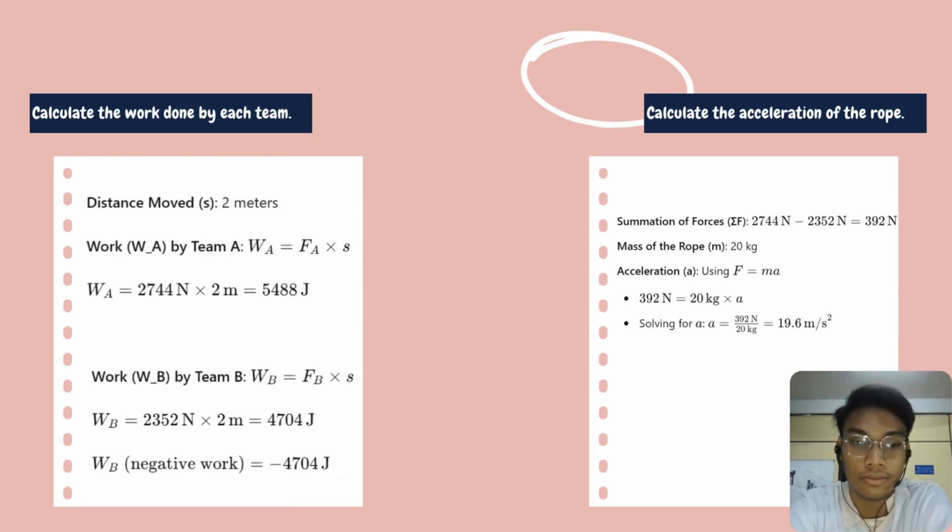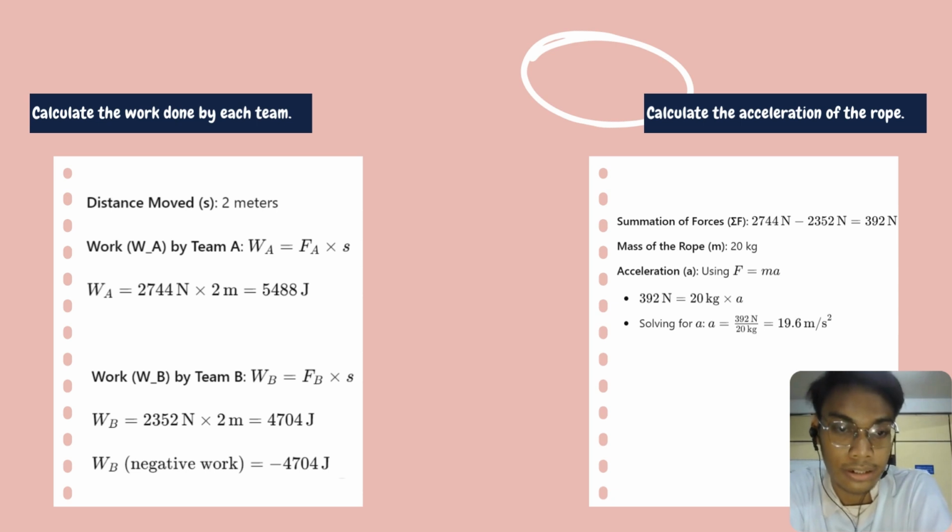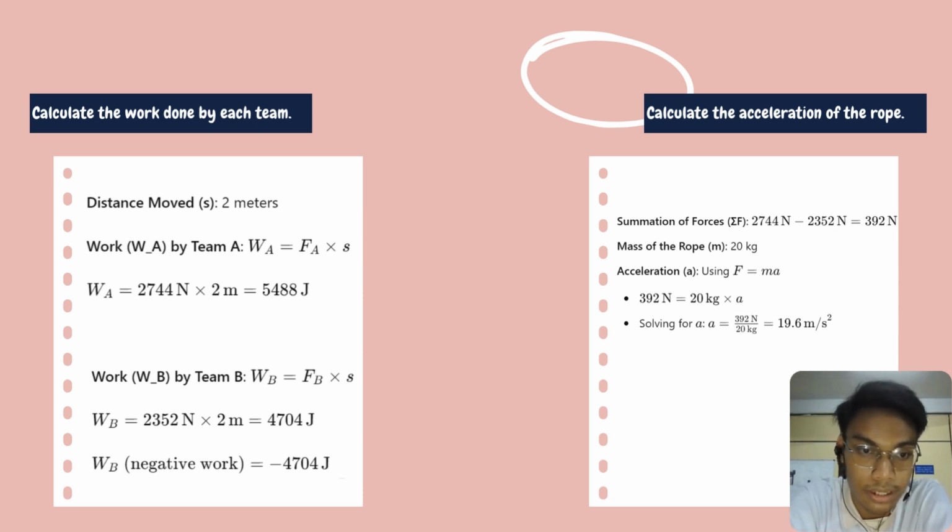Okay, now calculate the work done by each team. The formula for work is force multiplied by distance. The statement already gives the distance, which is 2 meters. So the work by Team A is 2744 Newton multiplied by 2 meters, and the answer is 5488 joule.